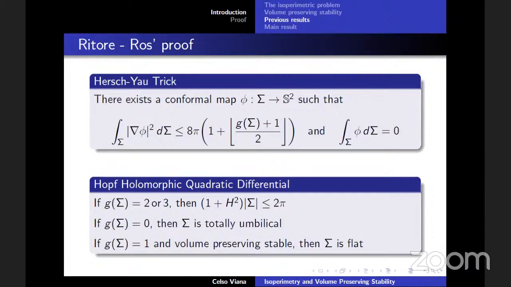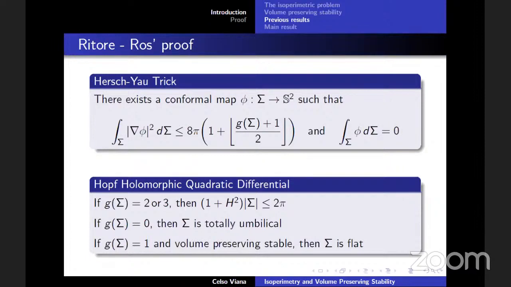And the second ingredient is this Hopf quadratic differential, which is another way to construct some very interesting test functions. They use this technique to characterize the surfaces with genus 0 and genus 1. So the genus 0 are totally umbilical, and the genus 1 are always flat.